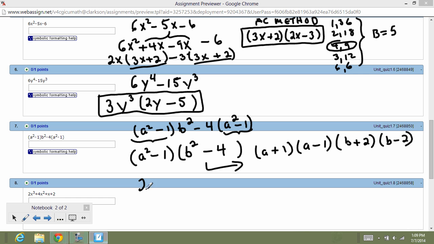This question 8, we've got 2x cubed plus 4x squared plus x plus 2. And the first pair, if we factor out a 2x squared, divide out a 2x squared from each term, that leaves you with 2x cubed divided by 2x squared.